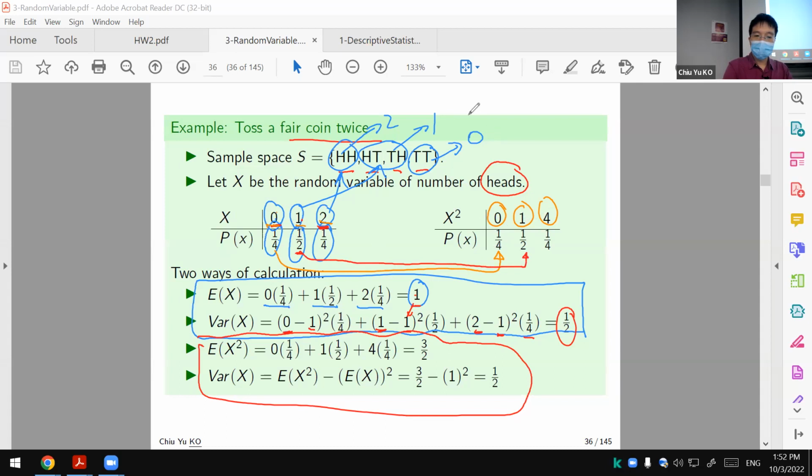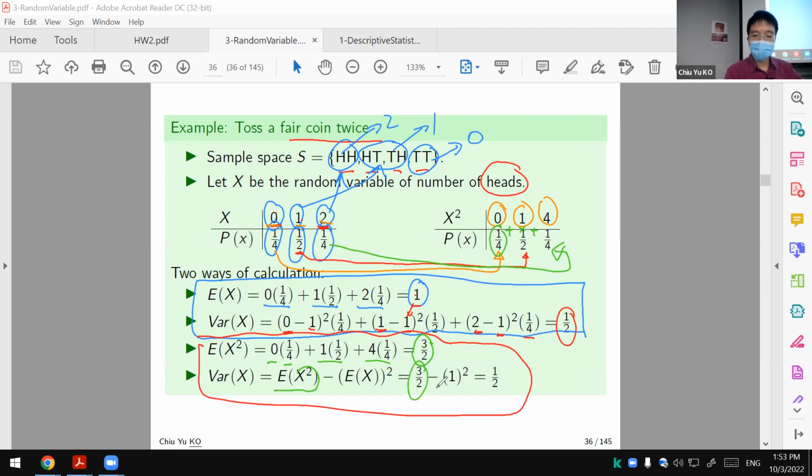And the last one, 1/4: 2 becomes 4, so it's this number. You calculate the expectation of X squared: 0 times 1/4 plus 1 times 1/2 plus 4 times 1/4, you get 3/2. So the first term in the formula is 3/2.